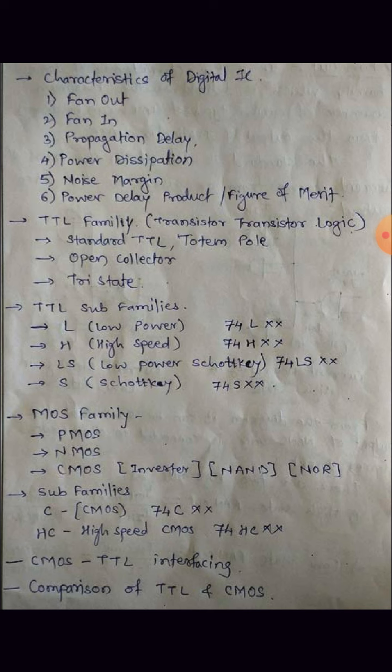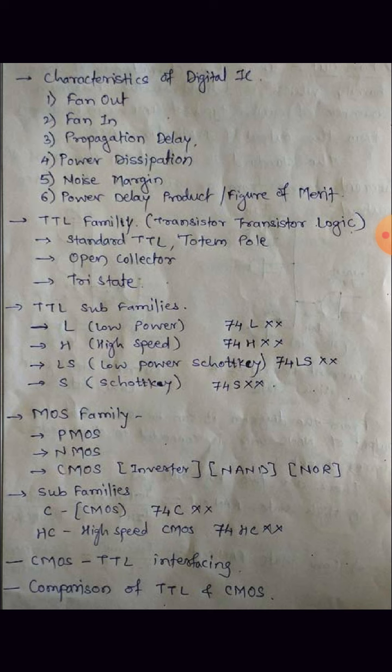Now in the first practical of ADIC, we are going to use different ICs. IC stands for integrated circuit, that is 7404, 7432, 7408. Now what is printed on that IC? That is 74LXX, for example 74L04, 74H08, 74LS32.